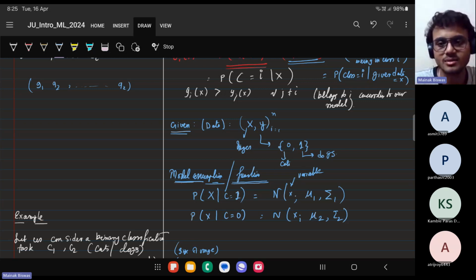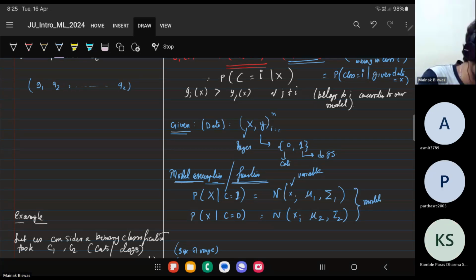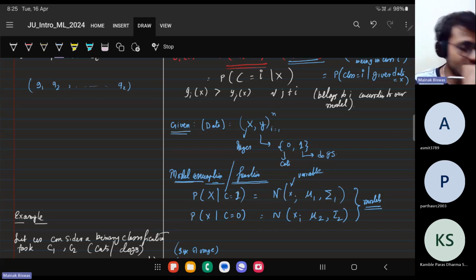After that, it is just calculation. No questions? I assume so. These are my models. For a given X, the class conditional densities are defined this way.